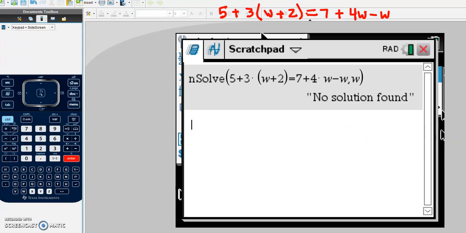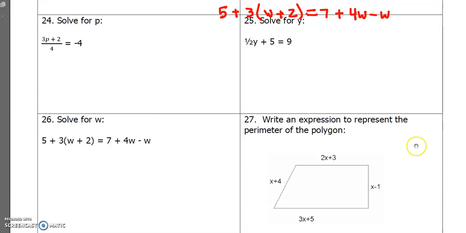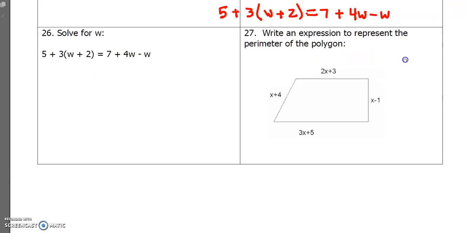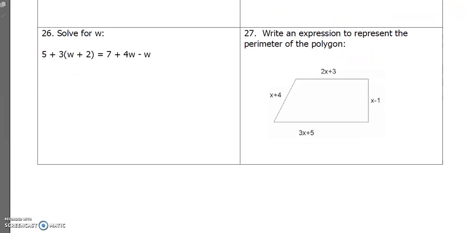So let's go back to our paper. And I want to make sure that we remember why we have no solution found. So if I do this by hand, that means I'm going to distribute to eliminate my parentheses.